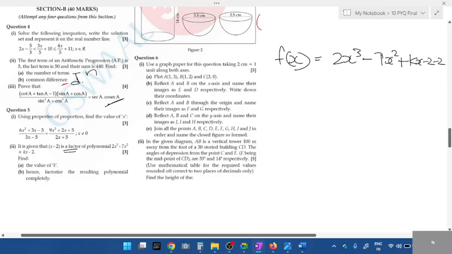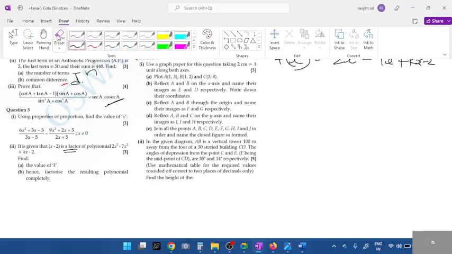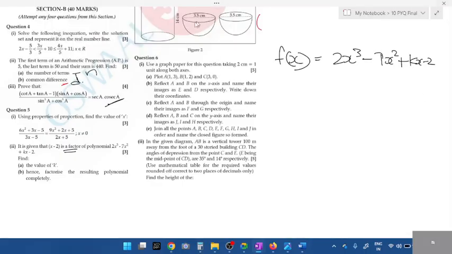This is the question given. 2x cube minus 7x square plus kx is the dividend, and the divisor, x minus 2, is given.